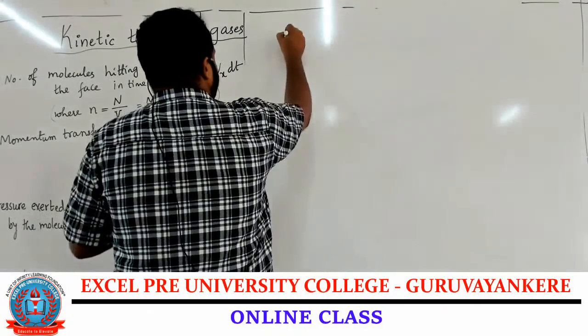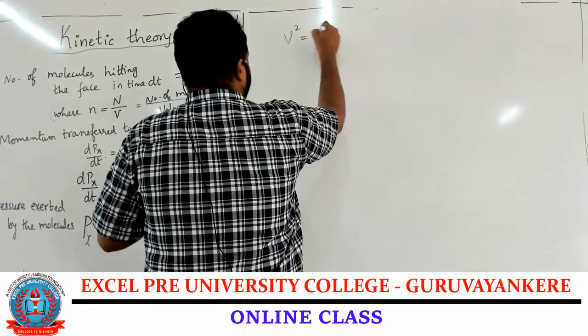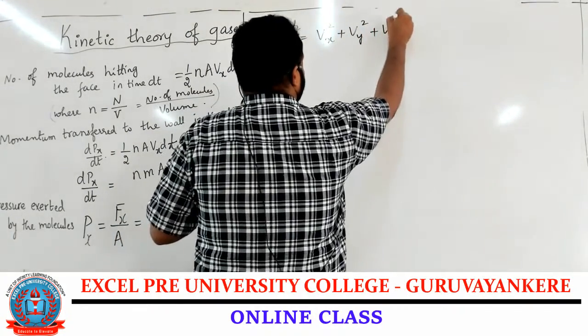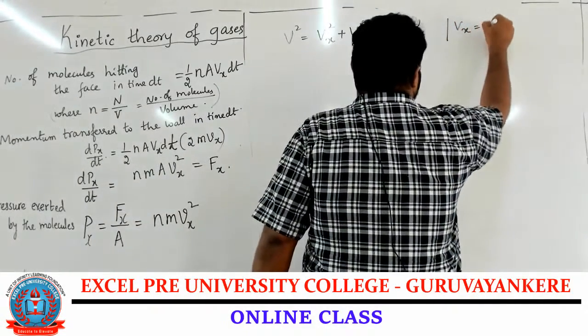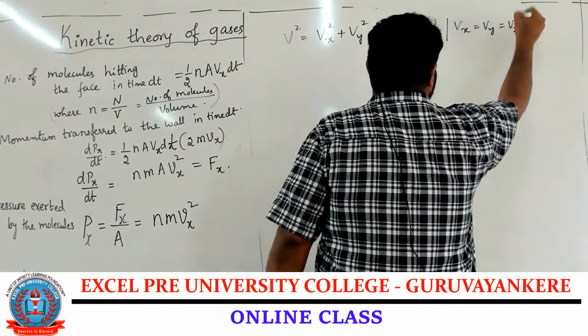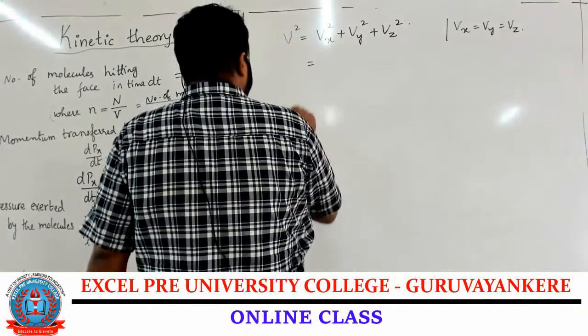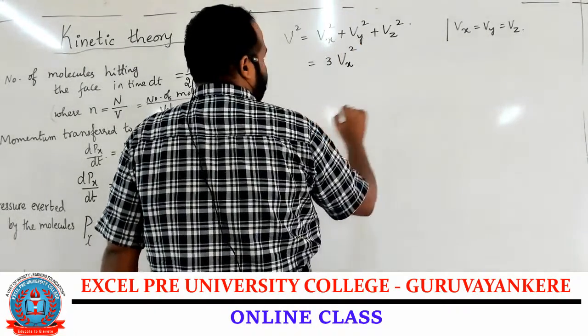See, V square is given by Vx square plus Vy square plus Vz square. Since I take the magnitude of the velocity in every direction to be the same, then it will be 3 Vx square.